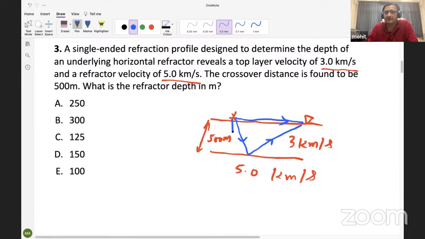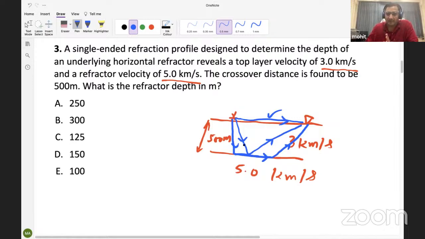There will be a third wave that travels in the layer, then travels along the interface if it has an angle equal to the critical angle, and then goes back to the receiver. This direct wave travels with the velocity of the top layer, and the head wave travels with the velocity of the medium beneath.